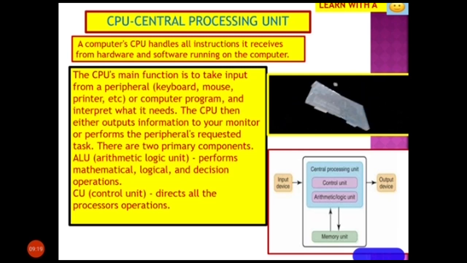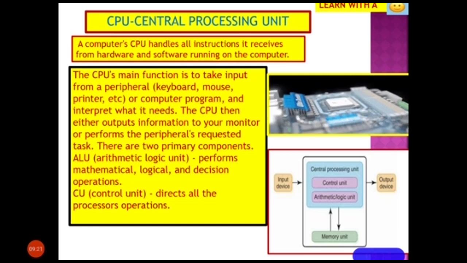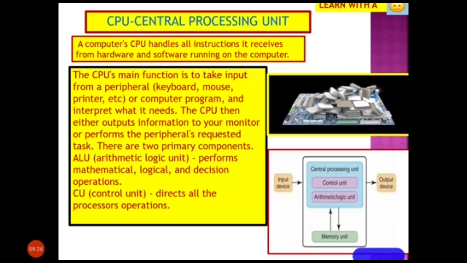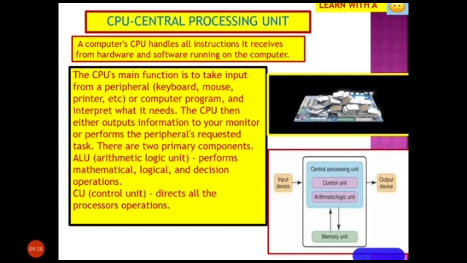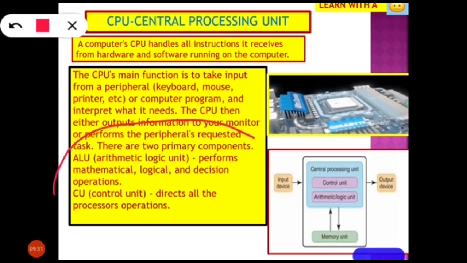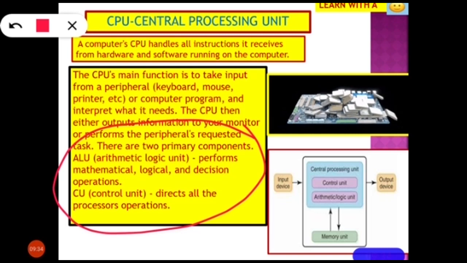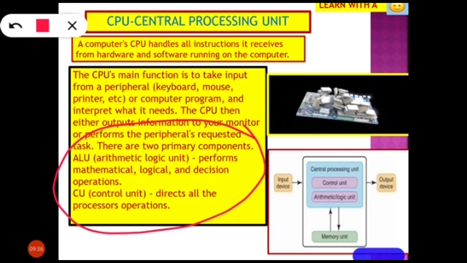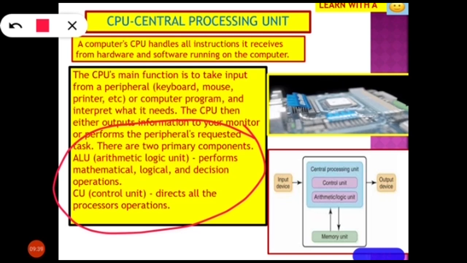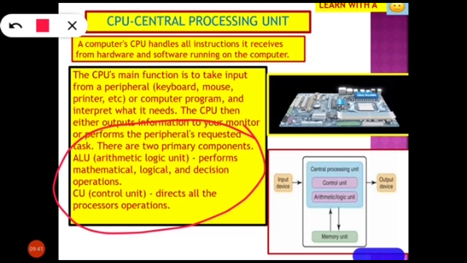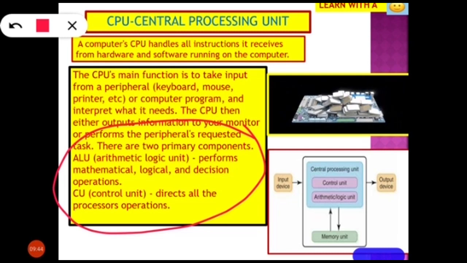Now again, the CPU is divided, or it has two components: the arithmetic logic unit, which does all the arithmetic and logical decision operations, and the control unit, which actually controls all the processes. So the CPU is divided into the arithmetic logic unit and the control unit.